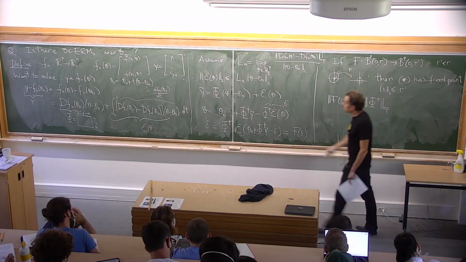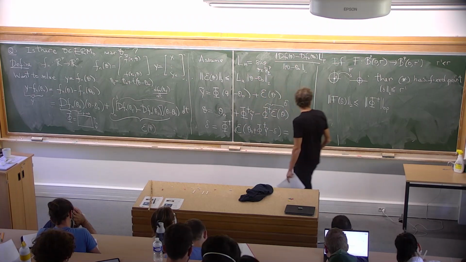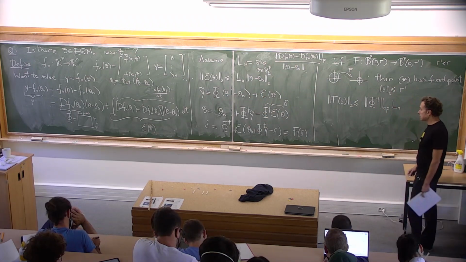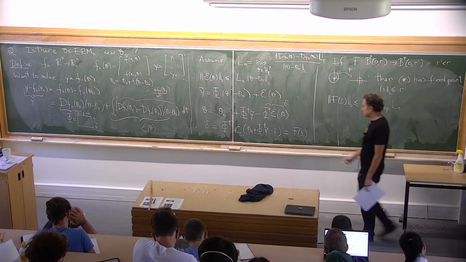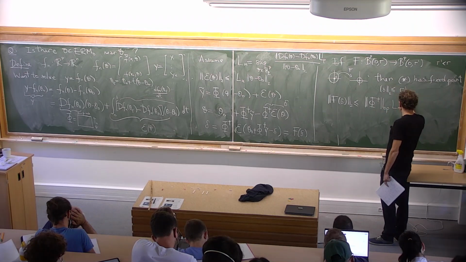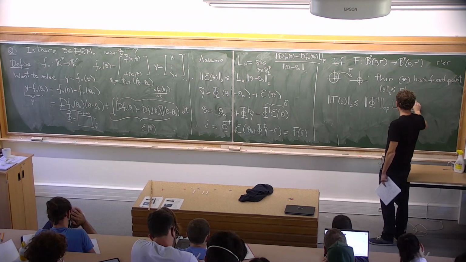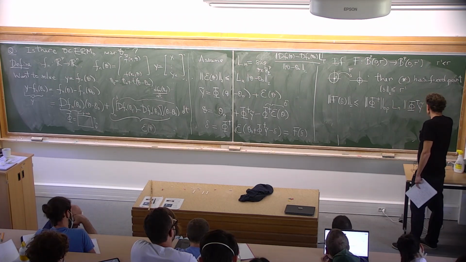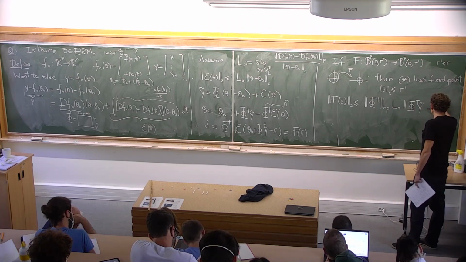Times, and then I have my assumption on E, this constant, the second derivative L_n, times the square of the norm of whatever is inside, theta minus theta 0, which is y tilde minus delta, in 2-norm squared.